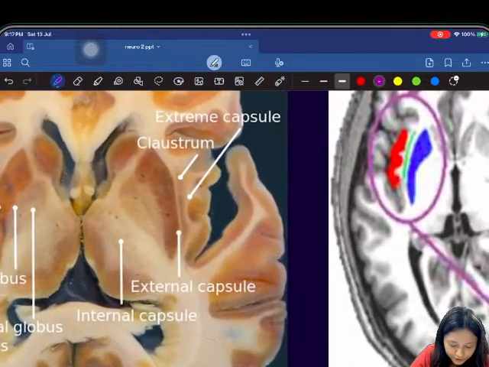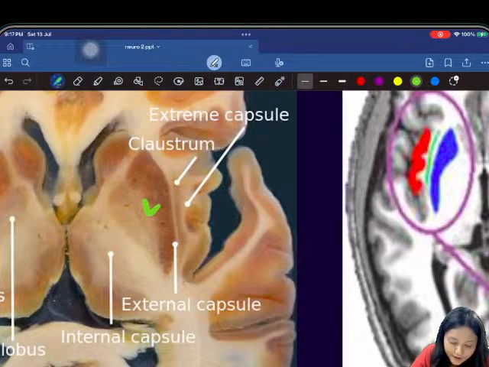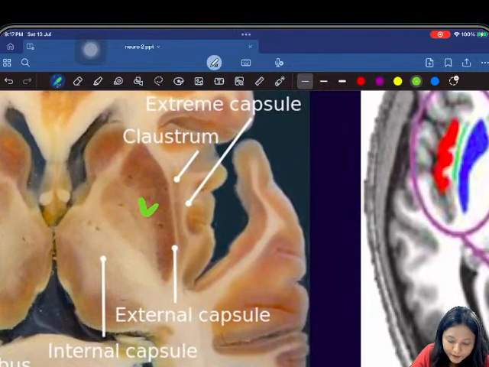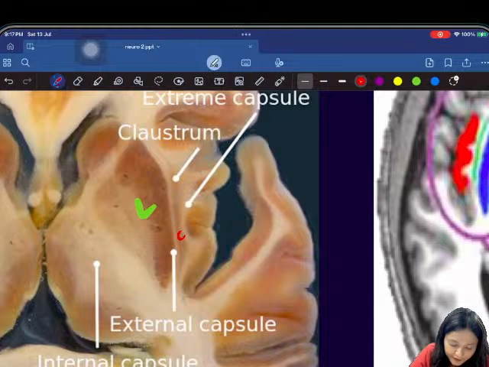Look at this image carefully. This is the lentiform nucleus, okay, this is the lentiform nucleus and this is the gray matter. After that we see one more gray matter, that gray matter is the claustrum, okay. And one more gray matter is visible, that is the insula, okay, so we have got 3 gray matter, one is the lentiform, one is the claustrum and one is the insula.